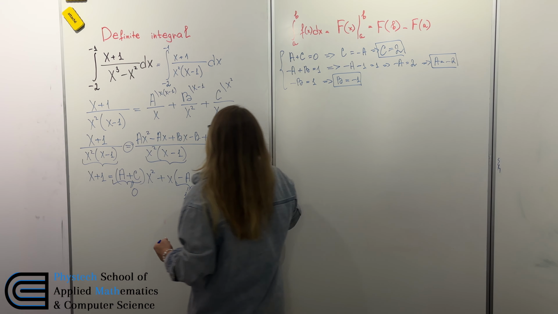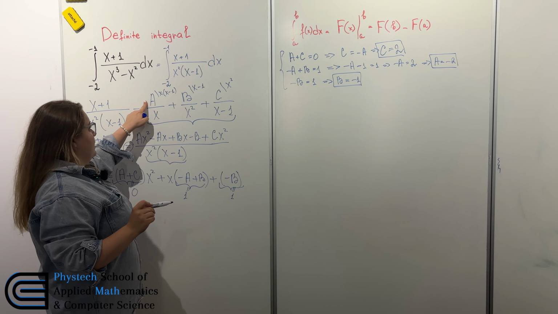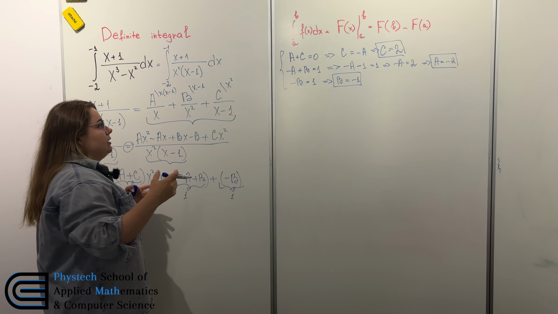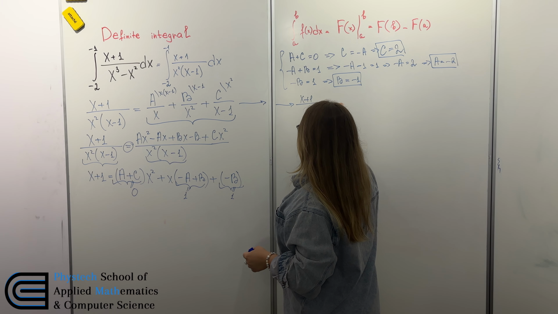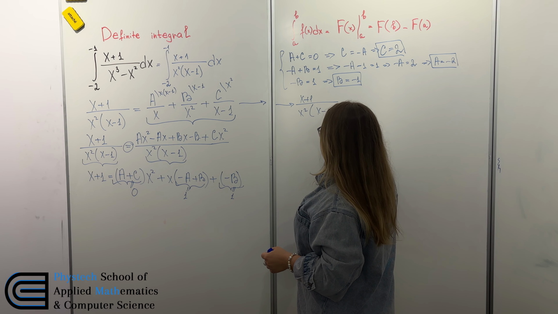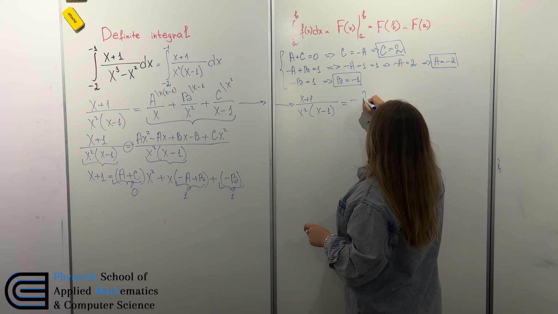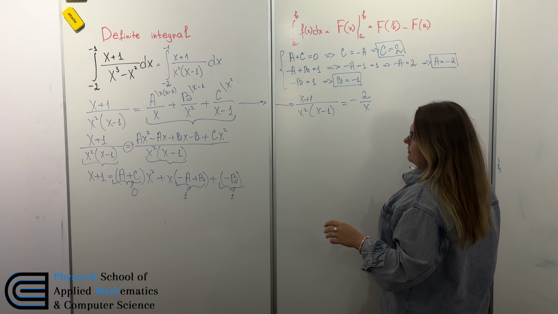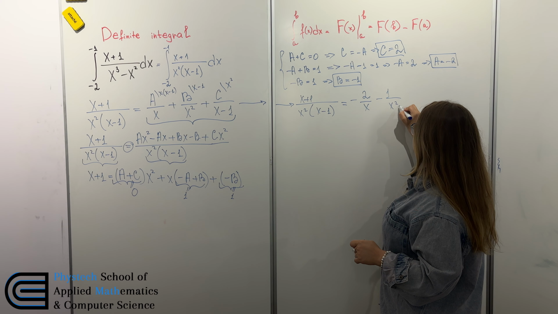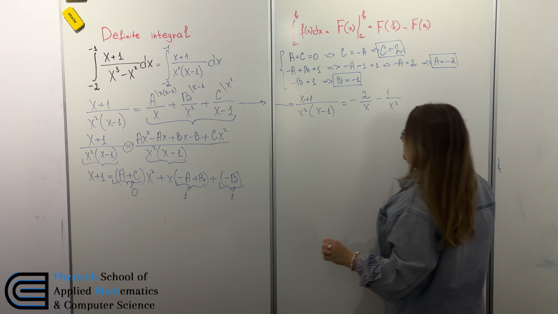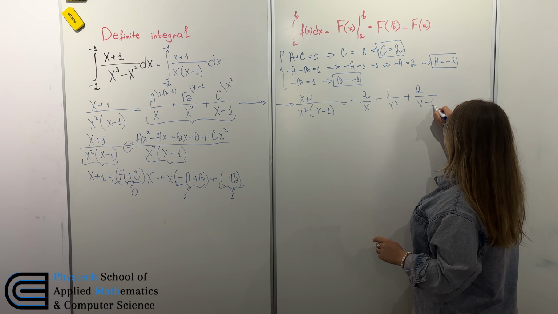So we can rewrite this sum, and here, here, and here will be numbers. Let's do it. (x plus 1) divided by x squared (x minus 1) equals a divided by x, that is minus 2 divided by x, then b divided by x squared, minus 1 divided by x squared, then c divided by x minus 1, plus 2 divided by x minus 1.